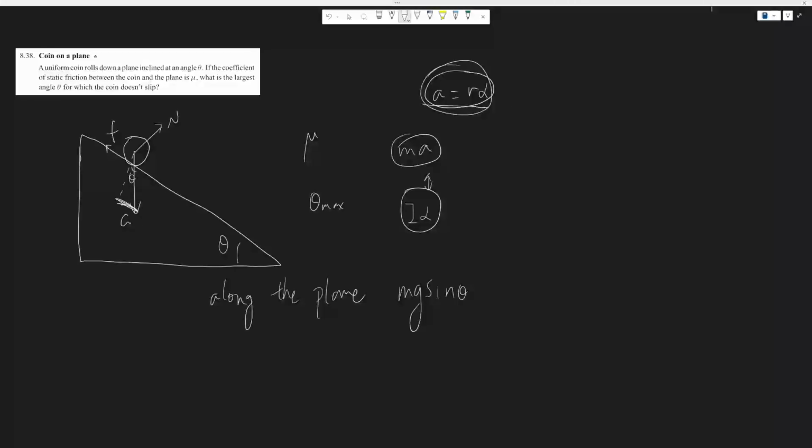So mg sine theta minus f equals ma. This is along the plane. And for the rotational one, we have r times f equals I alpha, where r is the radius of the coin.